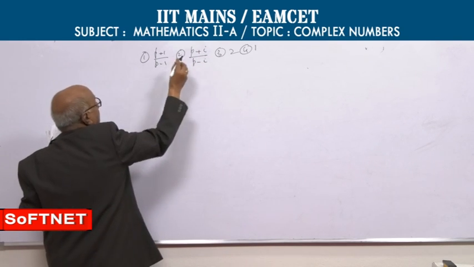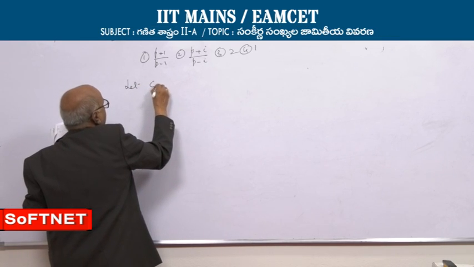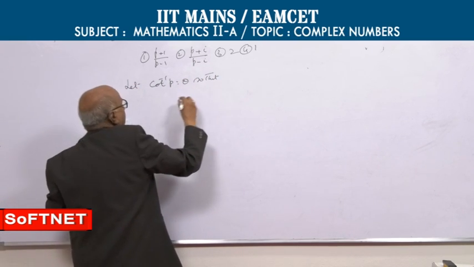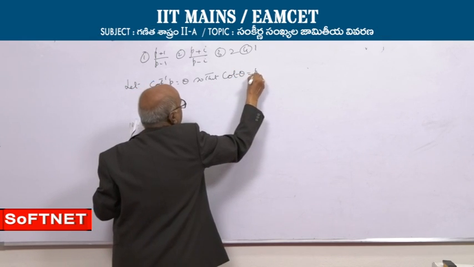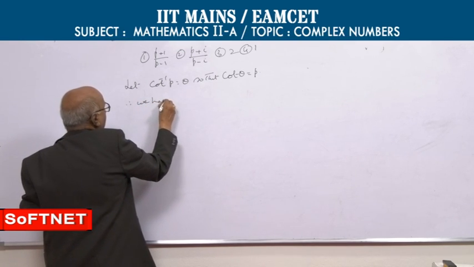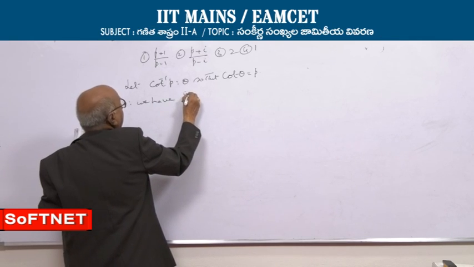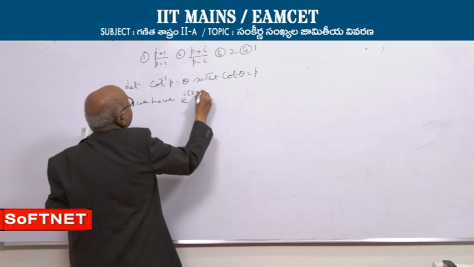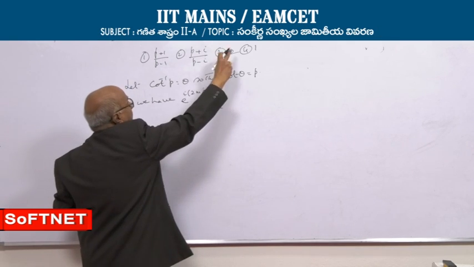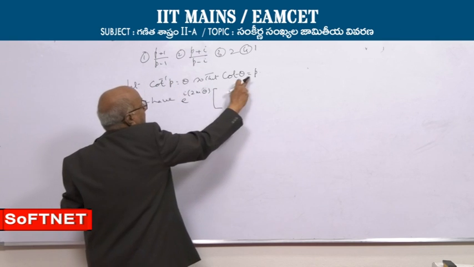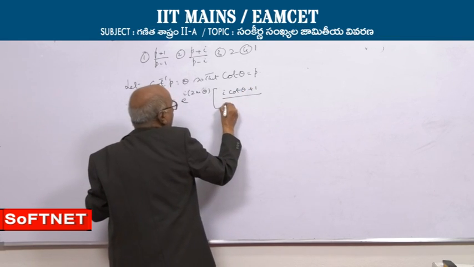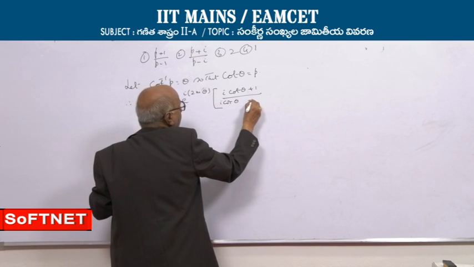Now you can see that, so let cot inverse P is equal to theta, so that cot theta is equal to P. So therefore we have e to the power of I into 2m theta into P. Now substitute the value of P here: I cot theta plus 1 by I cot theta minus 1.